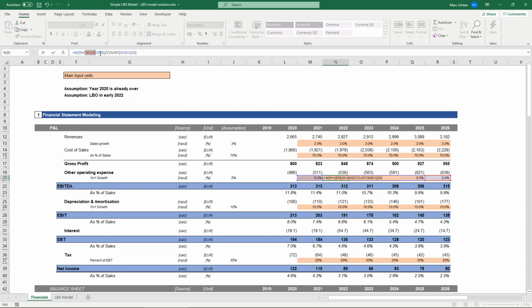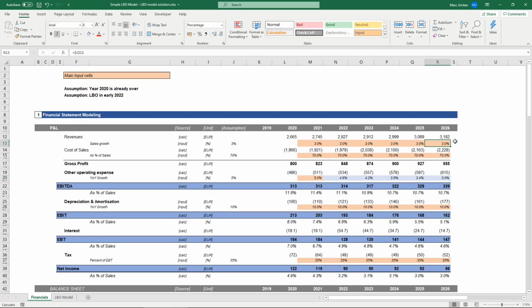We need to fix some of these items and see whether this holds. So now we have a decreasing growth of the operating expenses from 5 to 4.6 to 4.2, 3.8, 3.4, down to 3%, which would be in line with the overall sales growth.